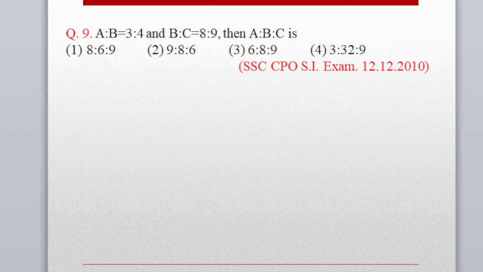Question number 9. If A is to B is equal to 3 is to 4 and B is to C is equal to 8 is to 9, then A is to B is to C is dash. Now listen, we have to find A is to B is to C. Here A is to B is given as 3 is to 4 and B is to C is given as 8 is to 9.